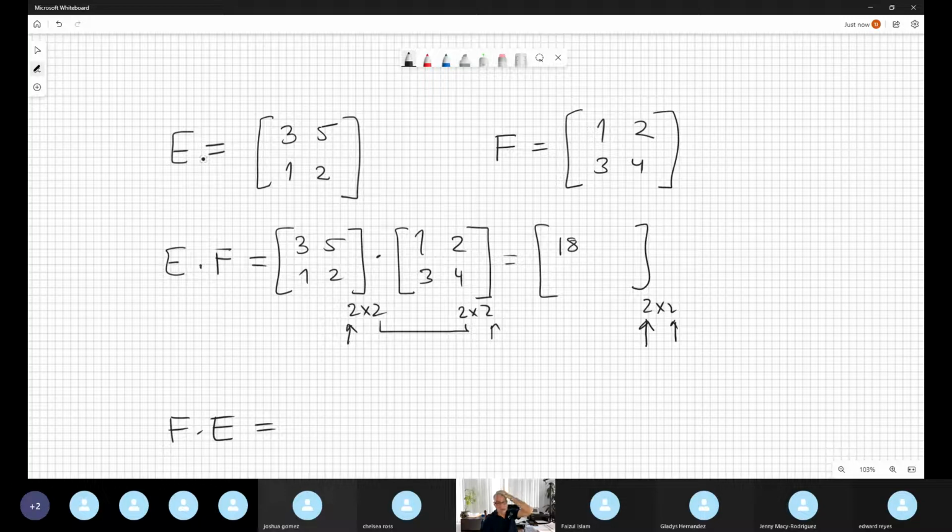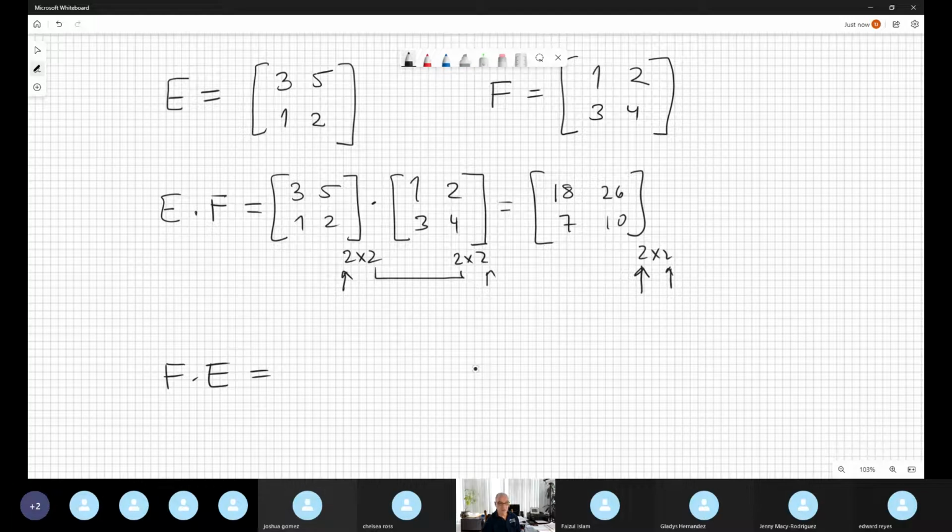Suppose I want to find the first row and the second column: 6 and 20, so 26. The next is second row, 1 times 1 is 1, plus 6, is 7. And the last one is 2 and 8. Boom. Easy.